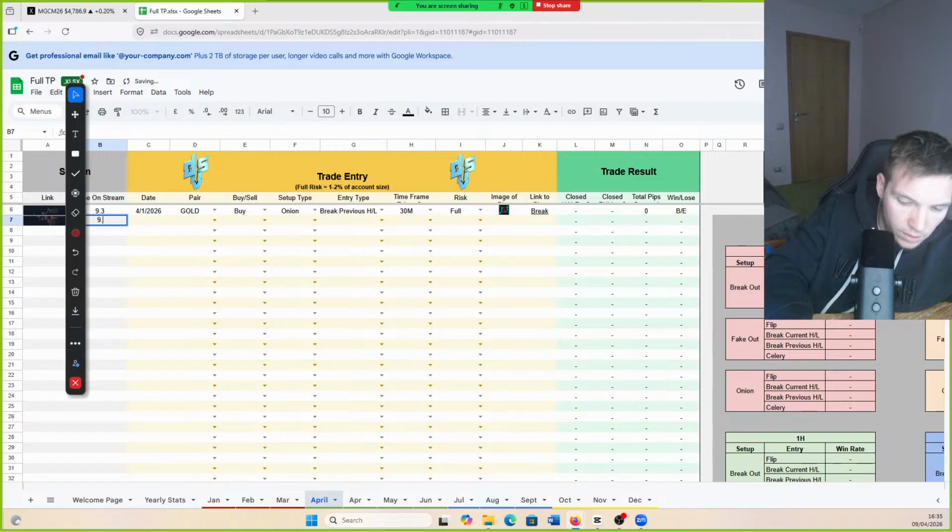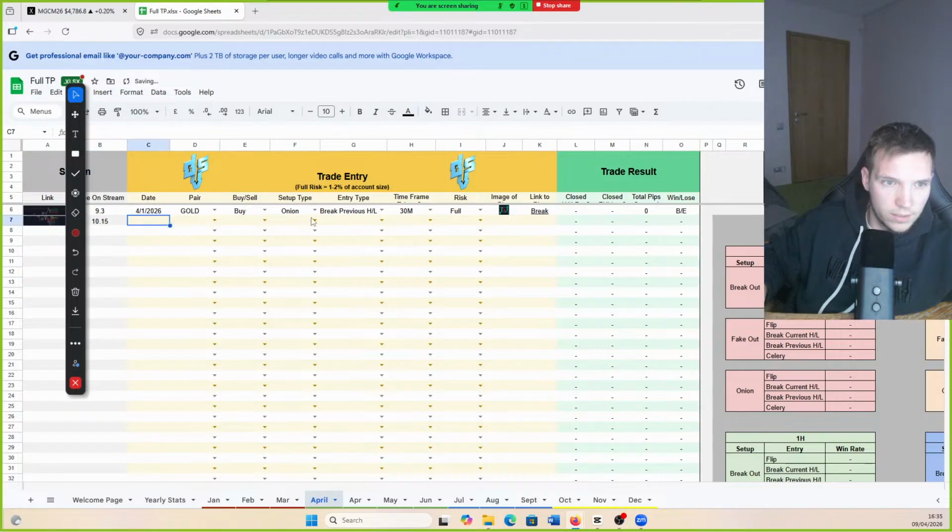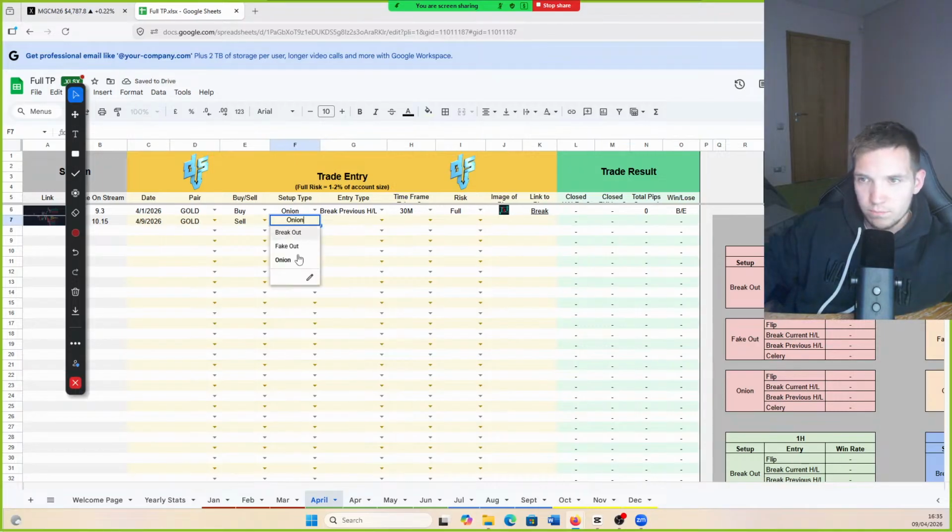It was 10:15 Eastern Standard Time, I think. What time was it? Yeah, 10:15. That was 10:15 on the 9th of April. Gold sell, setup type. It says onion because the person who created this calls these setups onions.